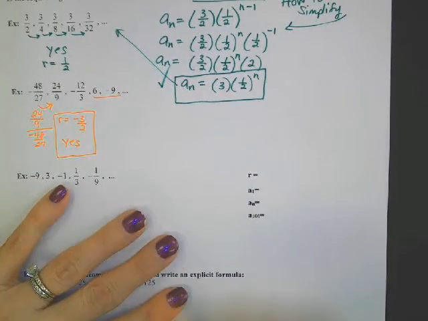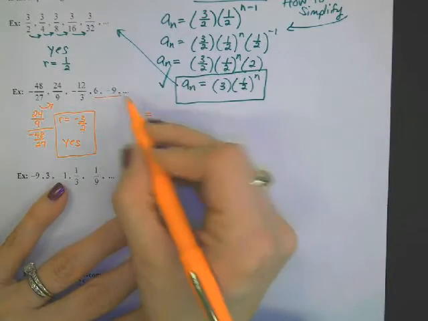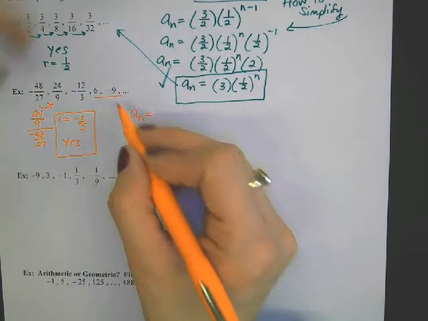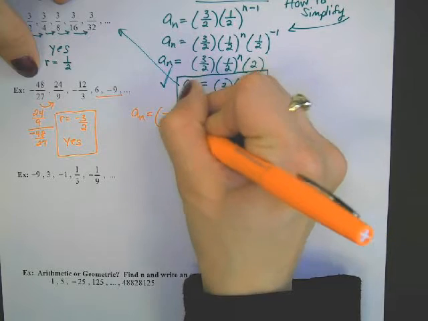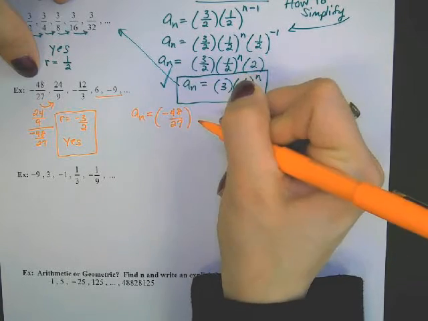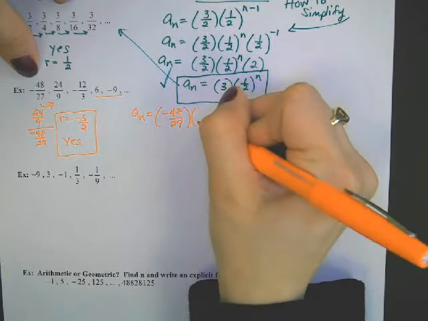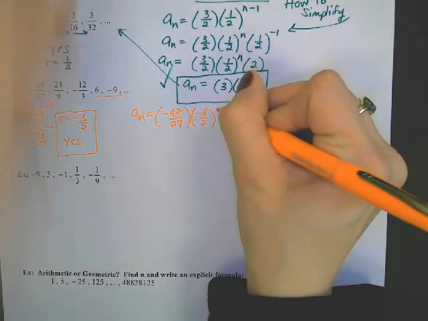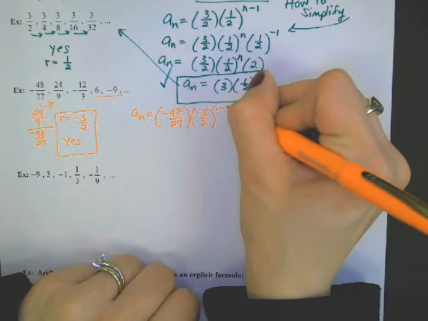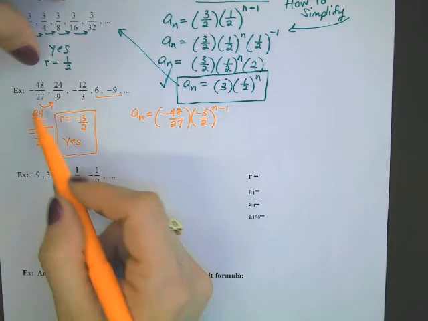It's time to write a formula. So how do you get a term for this sequence? Well, you start with the first term, which is negative 48/27. The R value is negative 3/2 to the power of n minus 1. Now, why did they do this?